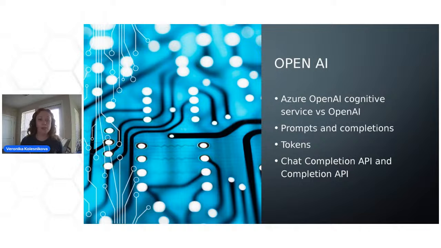Yeah, so going back to prompts, you have that first system prompt that sets up the environment, sets up restrictions for future conversation. And then completions is basically all the outputs from your OpenAI model.